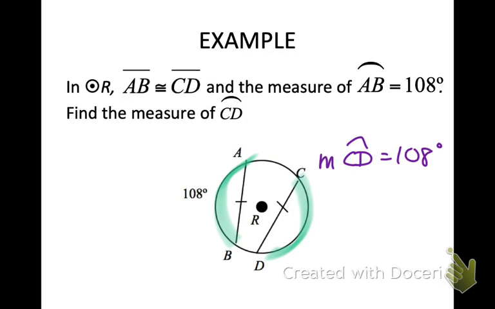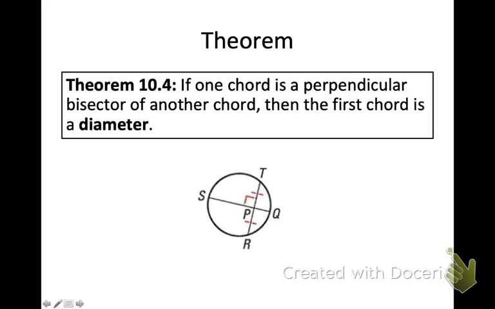Okay, that's 10.3. Theorem 10.4: if one chord is a perpendicular bisector of another chord, then the first chord is a diameter. In your circle off to the right, sketch chord SQ. Make it look like it could be the diameter going through the center. Then have chord TR intersecting with it at a right angle.